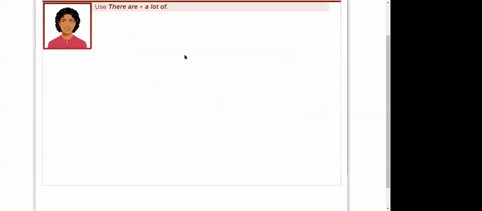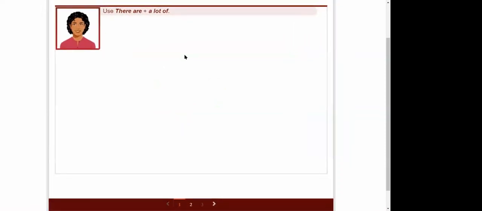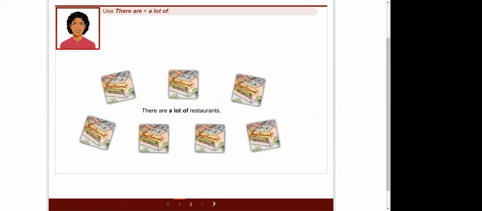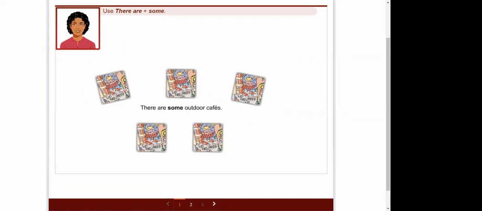Use there are and a lot of. There are a lot of restaurants. Use there are and some. There are some outdoor cafes. There are and a couple of.